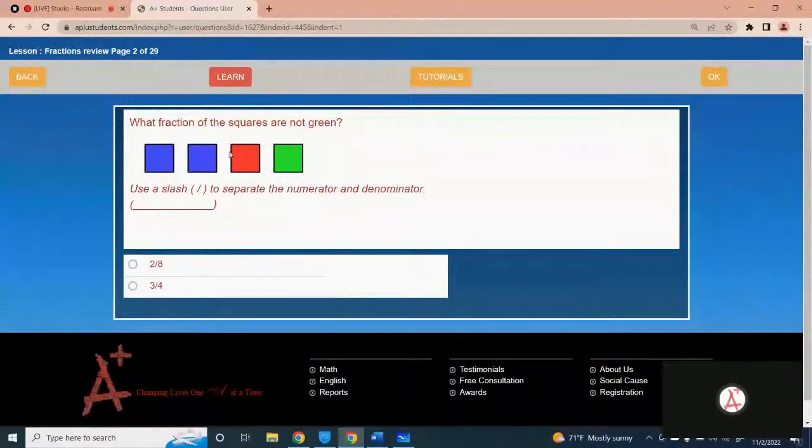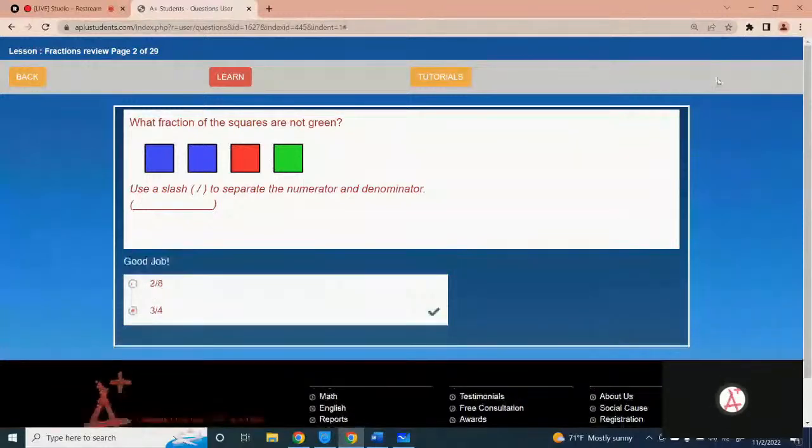So that means out of 4, 3 of them are not green. So the fraction is 3 over 4. Got it? Out of 4, 3 of them are not green. So the correct option is 3 by 4. Just select the correct option and click on the OK button.